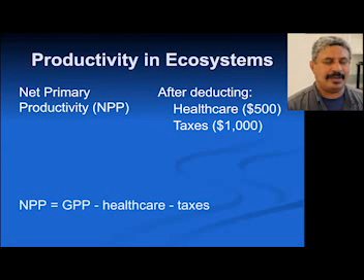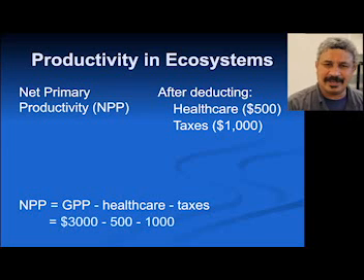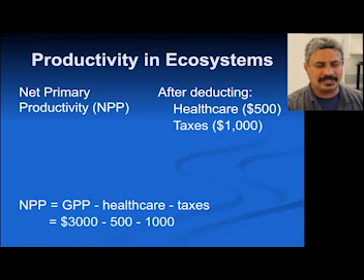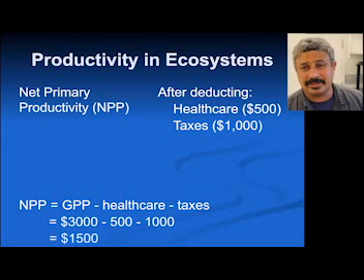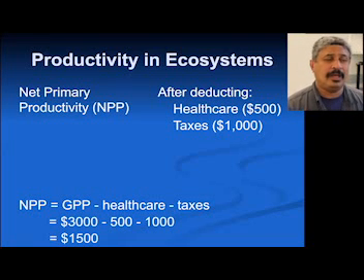Then you have the net primary productivity. So that is the gross primary productivity at $3,000 minus healthcare, minus taxes. In other words, $3,000 minus $500 minus $1,000, leaving you with $1,500 to spend as you see fit.